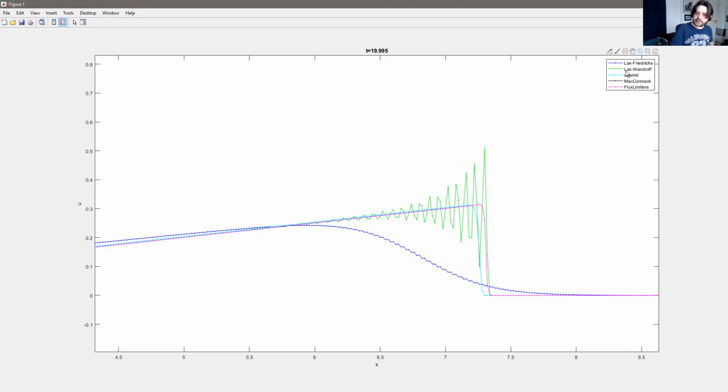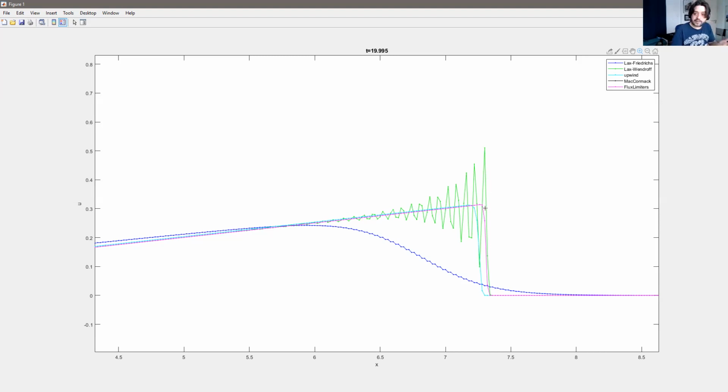Then you have the Lax-Wendroff scheme, the one that we just derived. The one that I said is actually a more accurate scheme, but it suffers from dispersion. So you get wiggles. And here you see very clearly what it means to have wiggles. You see the green lines going up and down just before the discontinuity.